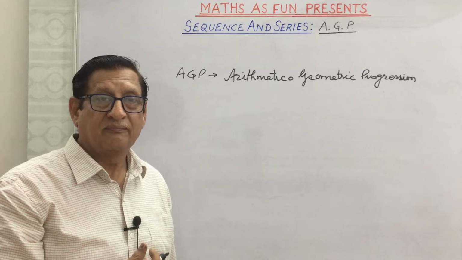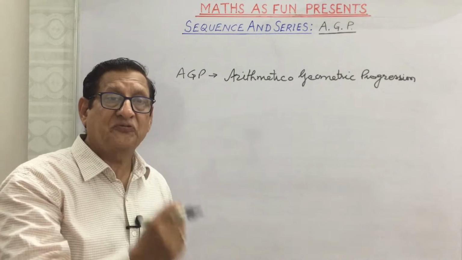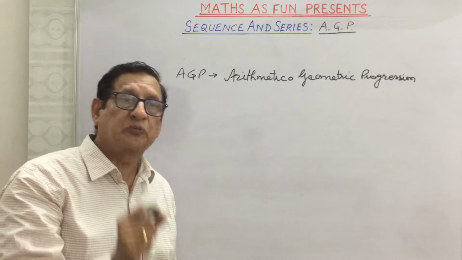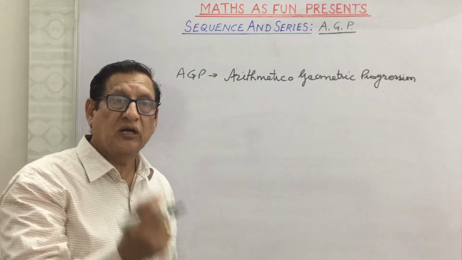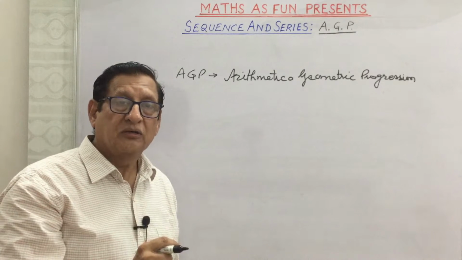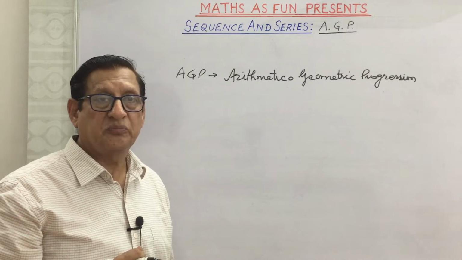Then what is it? Actually, any sequence which we obtain by multiplying the corresponding terms of an AP and a GP is an AGP.